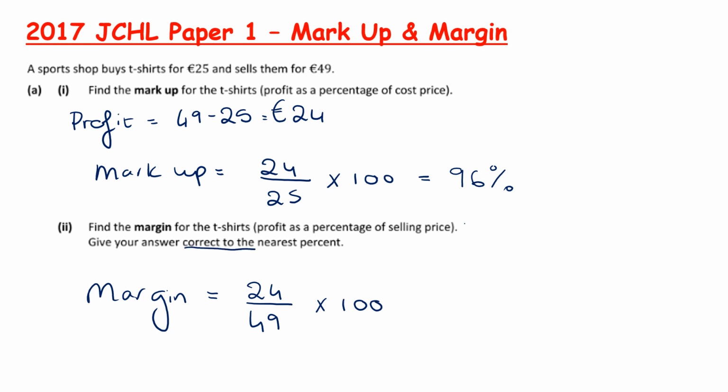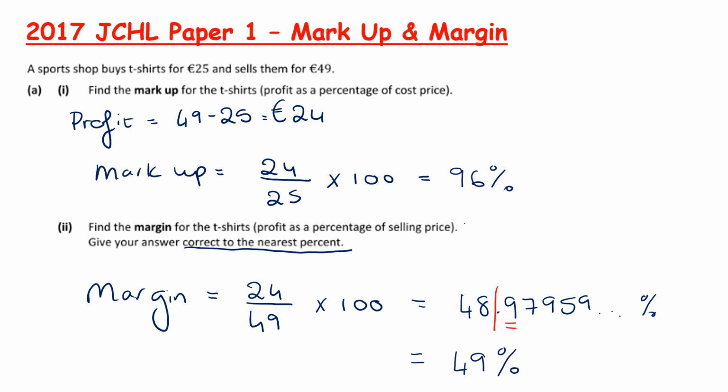This one is correct to the nearest percent. So we'll do 24 over 49. That gives us 48.97959%. We want to make it a whole number. So because our next digit is a 9, it rounds up to 49%.